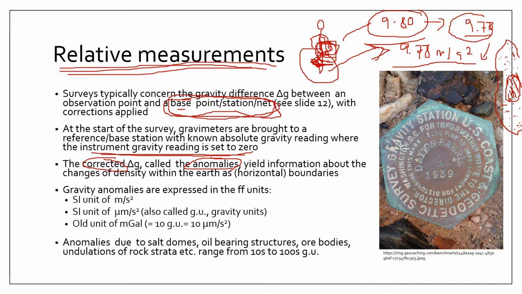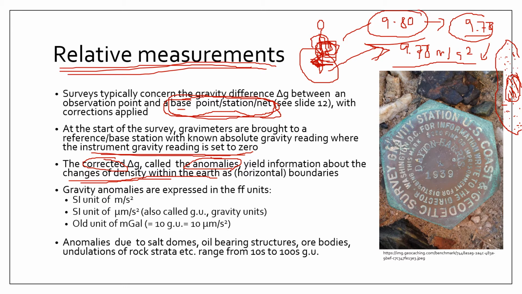Okay, so we use positive anomaly for a positive difference, negative anomaly for a negative difference, right? And these anomalies tell us if there is a change in the density within the Earth, or a change in density in the crust of the Earth in those areas.